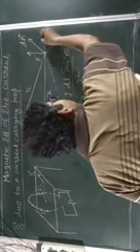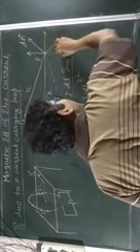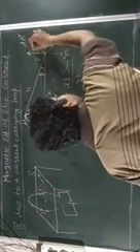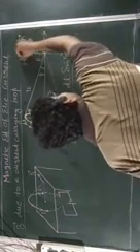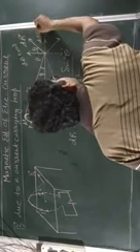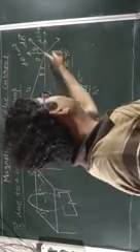So it can also be resolved into two components. If this is theta, then it is also theta, and this is dB cos theta, and this is dB sin theta. Here also this is dB cos and this is dB sin.